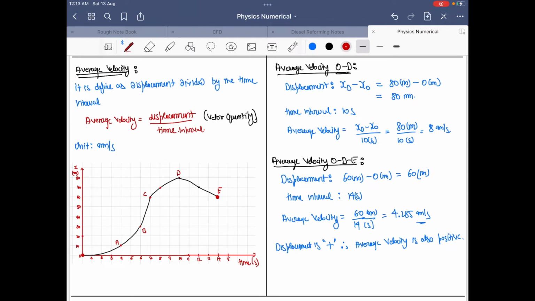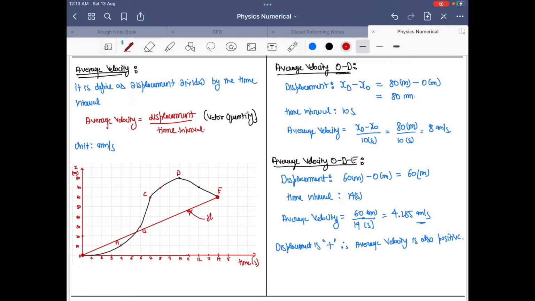If you look carefully, the average velocity is the slope of the line connecting the initial point, from where the object started moving, to the point where it ends, that is point E for the ODE case.